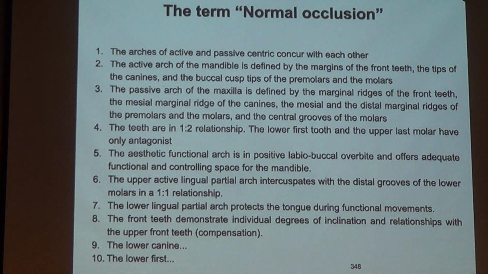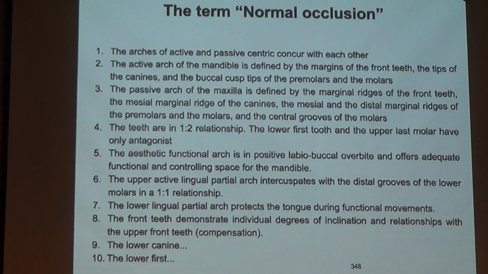The passive is the cusps or the portion of the marginal ridge that's not really working when the patient goes eccentric. So we have an active centric, and the passive centric is not really working, it's not really in contact when the patient closes eccentric.